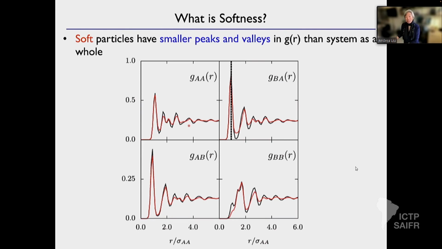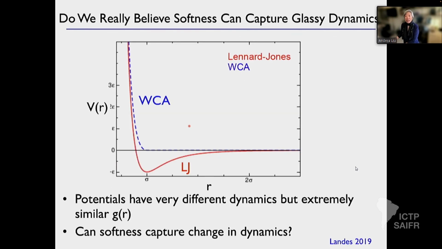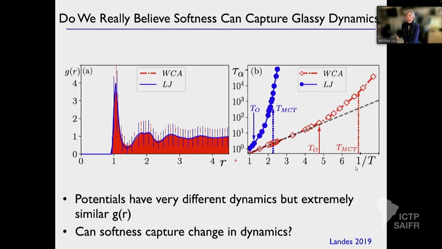That difference is pretty subtle too, but softness is weighting those differences to be important. So there's hope. And here's the dynamics. Here's the log of the relaxation time versus 1 over temperature. And you see how different they are for the two different potentials, totally different.